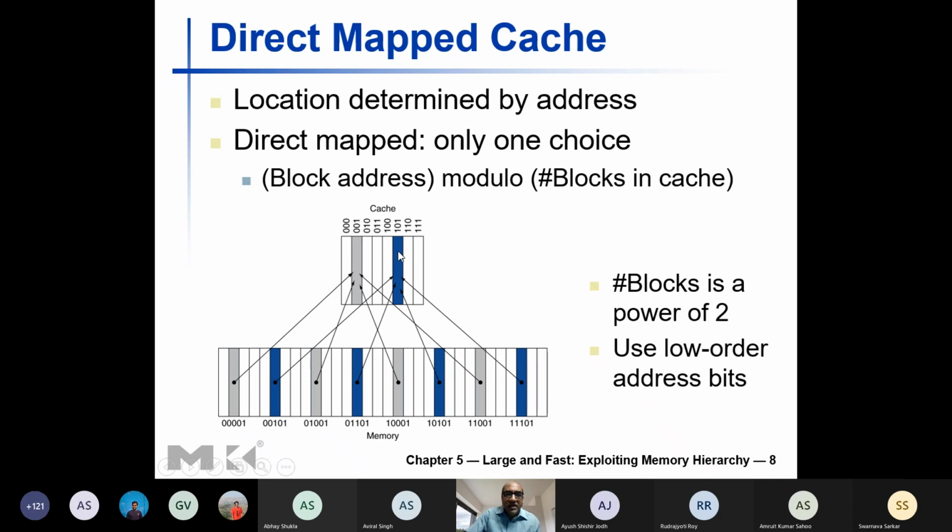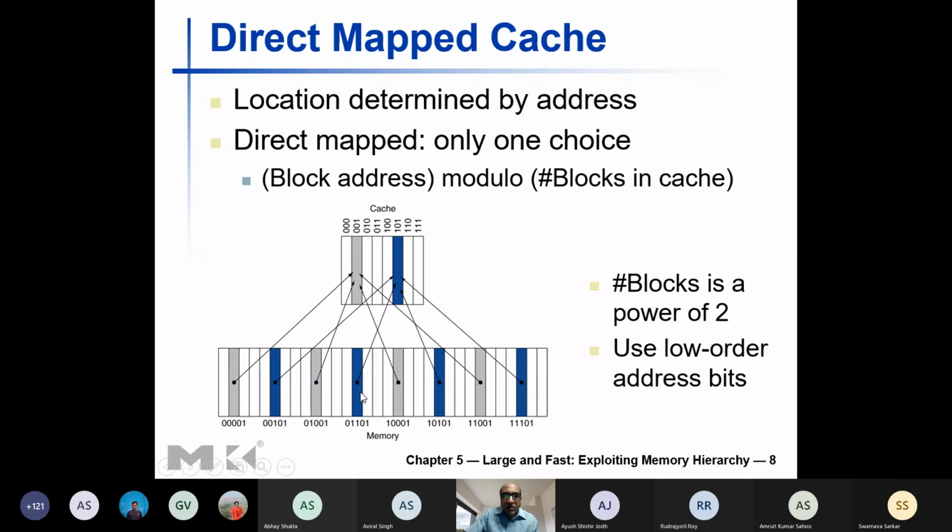For example, if you look at this particular entry, the blue colored one, the cache entry corresponds to location 5, location 101. And this location is mapped from the main memory locations at these positions. You can see 111 followed by 01, 101 followed by 01, 011 followed by 01, and 001 followed by 01.